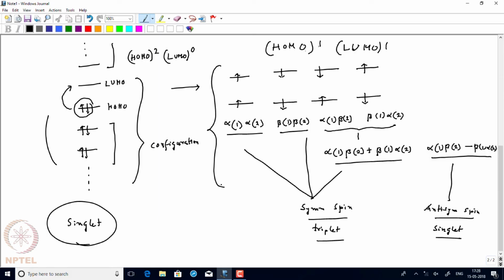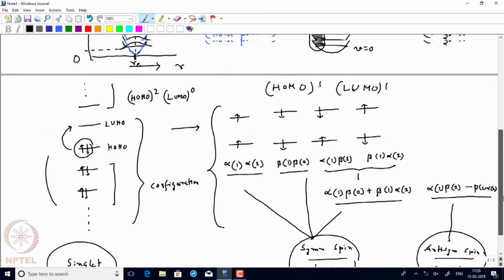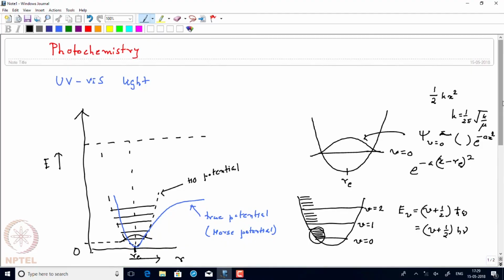So they have the same orbital energies, and they are also degenerate. But in reality, there is something called Hund's rule, which shows that the triplet will be more stable than the singlet. So we will have 2 energy levels, one singlet and one triplet, and each energy level will again have some vibrational manifold.